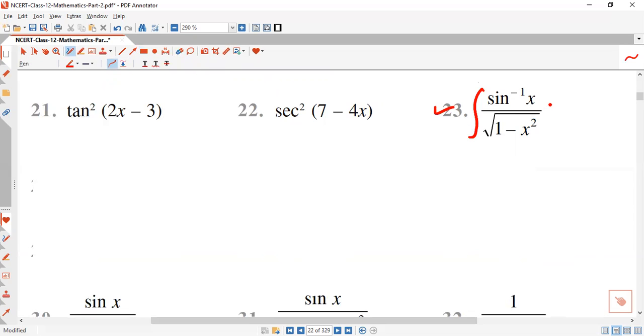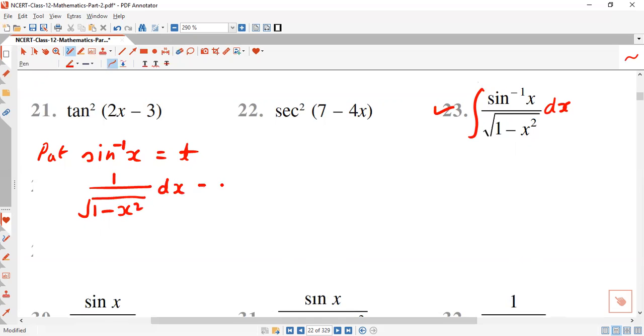Look here, the differentiation of sine inverse x is 1 upon root of 1 minus x square, so it will be cancelled out if we take sine inverse x equal to t. So put sine inverse x equal to t. So you are getting 1 upon under root 1 minus x square dx equal to dt.